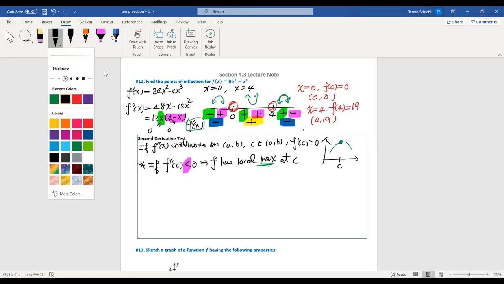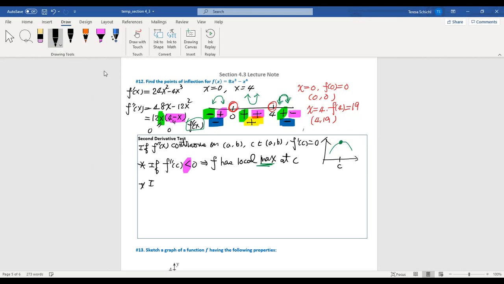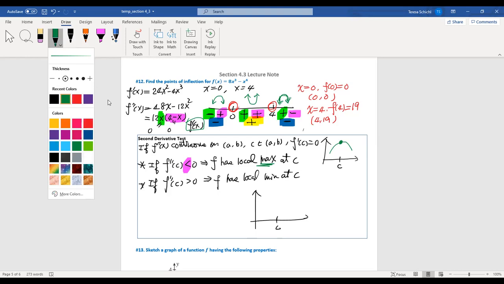Okay, so in the same way, we say if f double prime of c is greater than 0, then f has a local min at c here, right? So this one is similar. If this is c, we said f double prime is greater than 0.